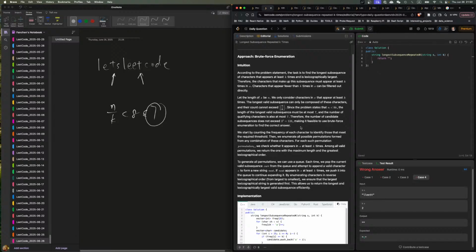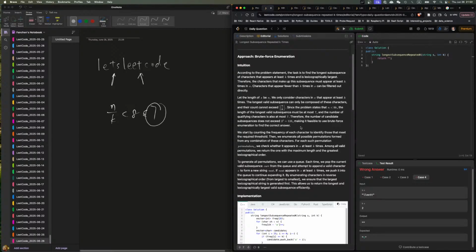And the number of qualifying characters is also at most 7. The valid subsequence must be at most 7, and the number of qualifying characters is also at most 7.